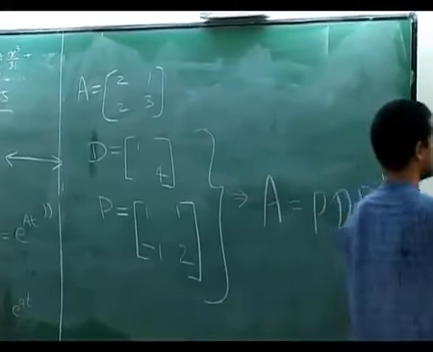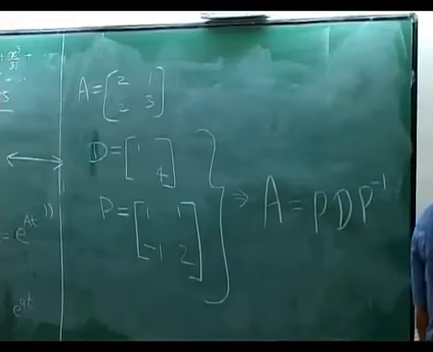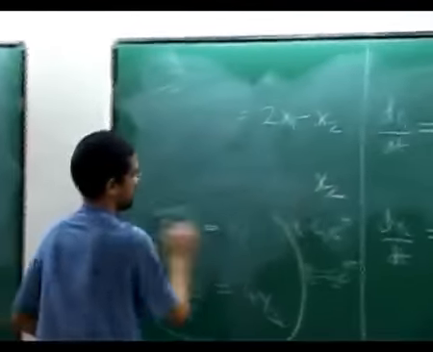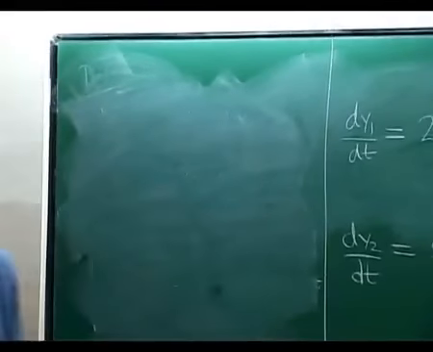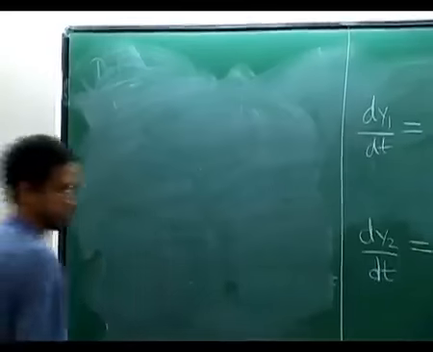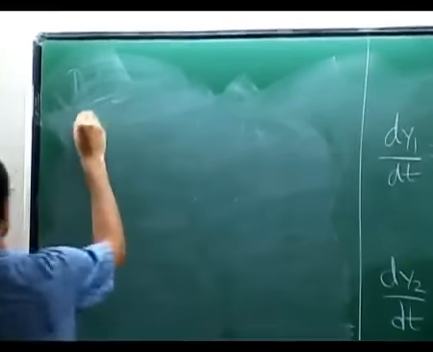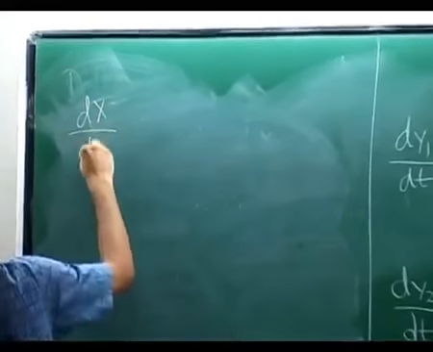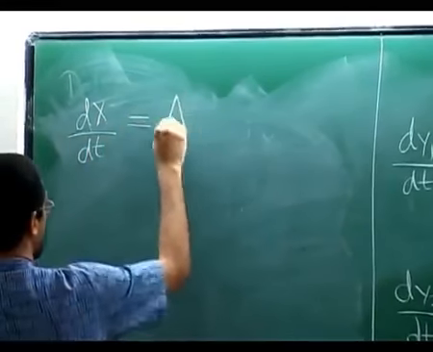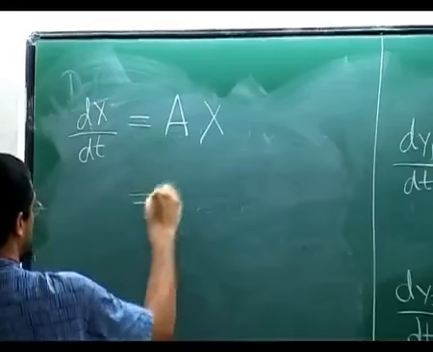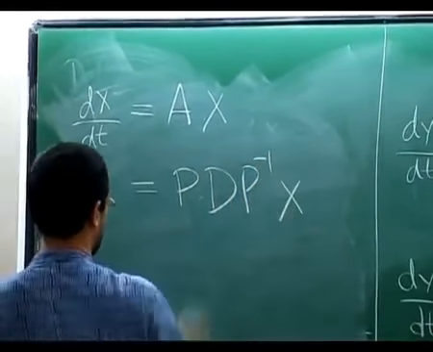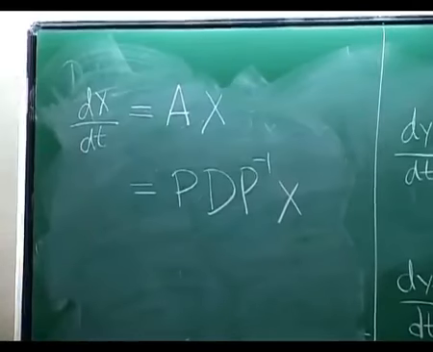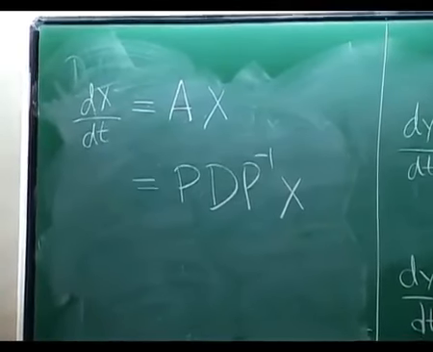Now, why does something like this help me to solve my system of equations? So let's go back and write our system of equations. It looked like dX/dt is A times x, but A I am going to write as this more convenient decomposition, PDP inverse.